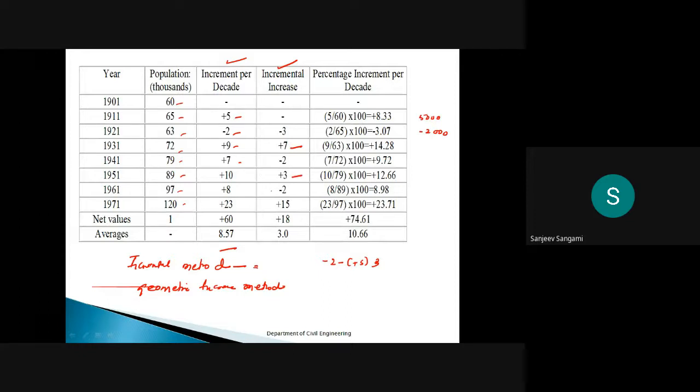That is plus 3. See why I am taking minus 3 here: it is 3000, it is decreased. Here you can see that plus 5 minus 2 means a 3000 population decrease. So that is why I have written 3 here.